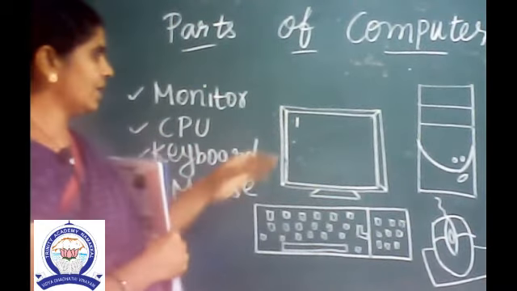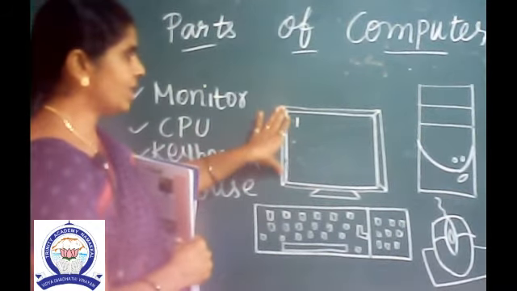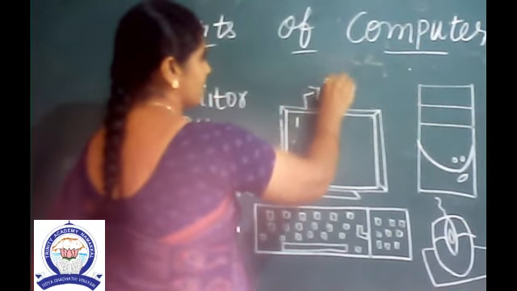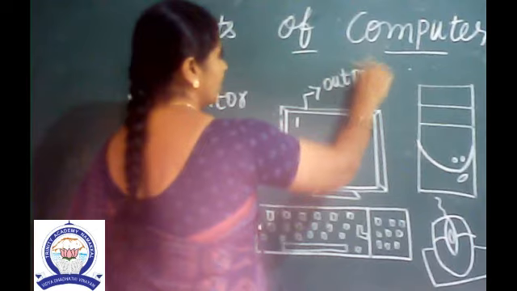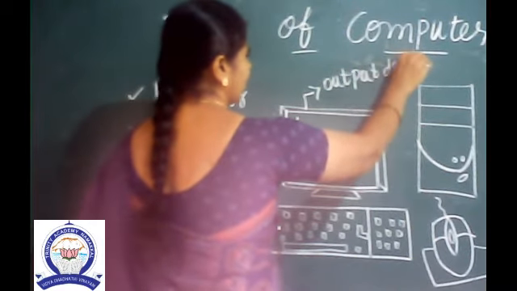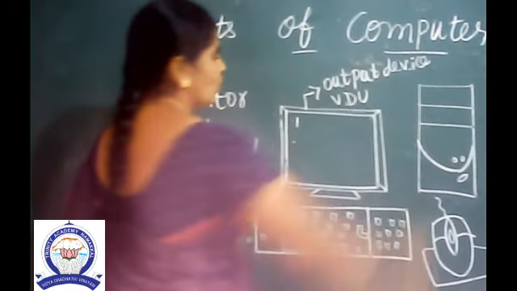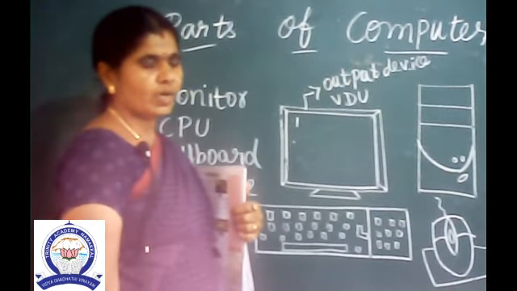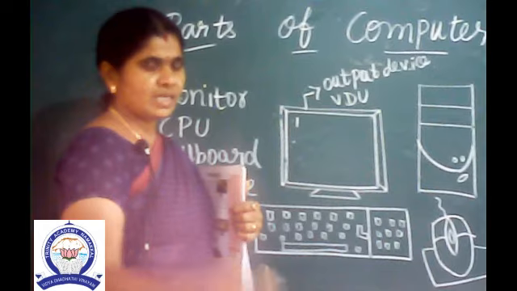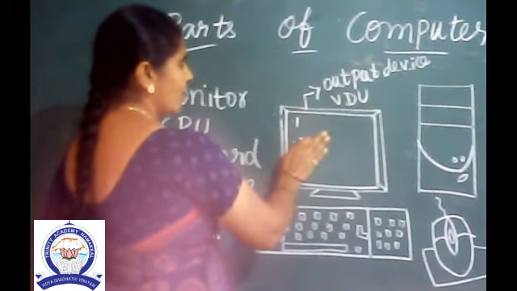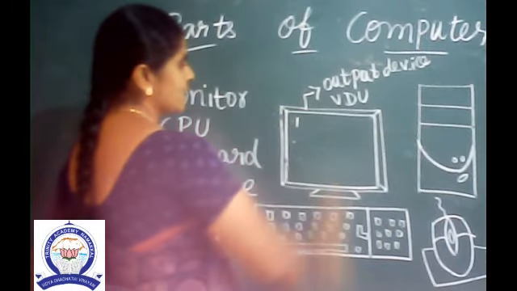Now we will see monitor. Monitor is an output device. The other name of the monitor is VDU, Visual Display Unit. Visually we can see the screen. This is called monitor and the front part is called a screen.